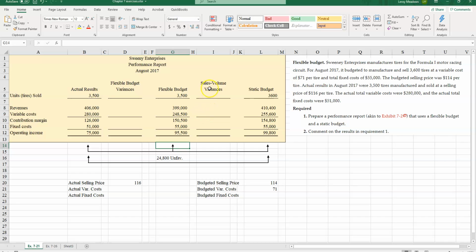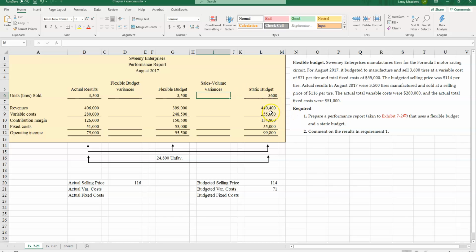First of all, let's take a look at the sales volume variance. Now, for both the static budget and the flexible budget, these are based on budgeted selling price and budgeted variable cost per unit, so that stays the same. So what is the difference between the flexible budget and the static budget? Just simply the number of units sold. So the sales volume variance is only generated because there's a difference at the sales level.